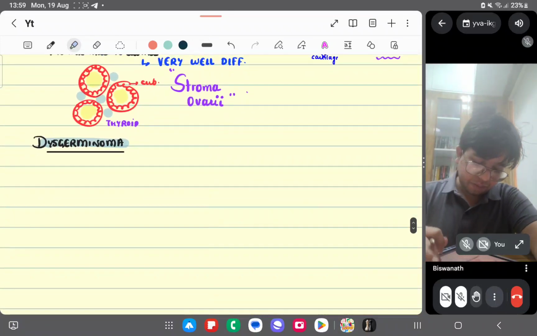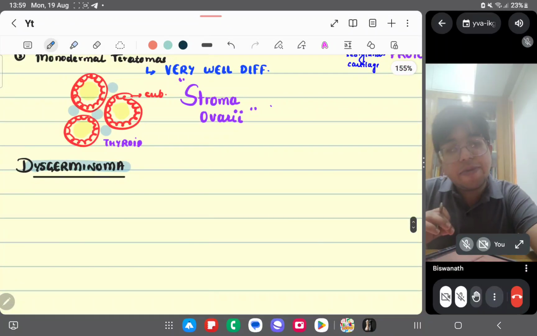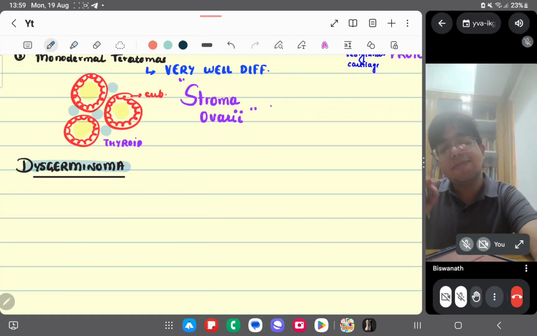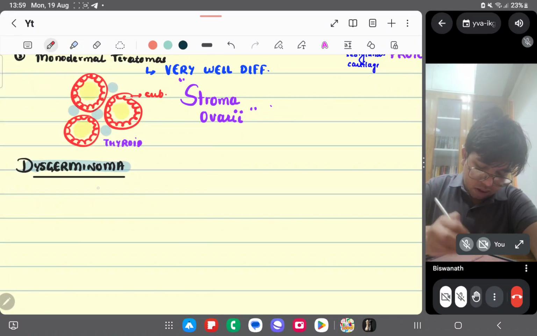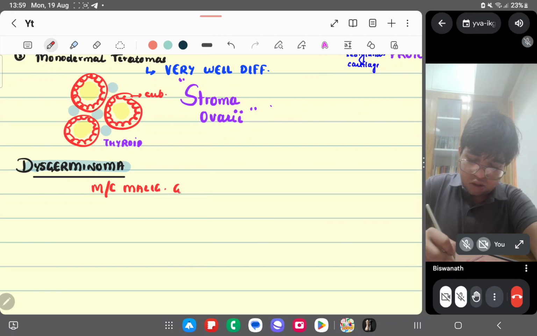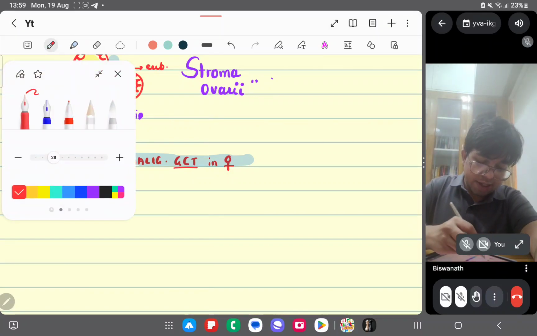Okay, and this dysgerminoma. So what is dysgerminoma? It is the most common malignant germ cell tumor in females. Remember this. I'm writing GCT in females. This is an important line. Most common. And the presentation is again 20 to 40 years.